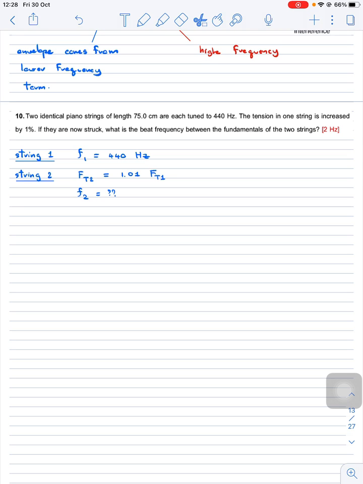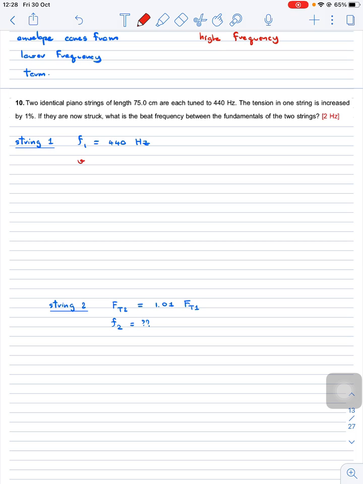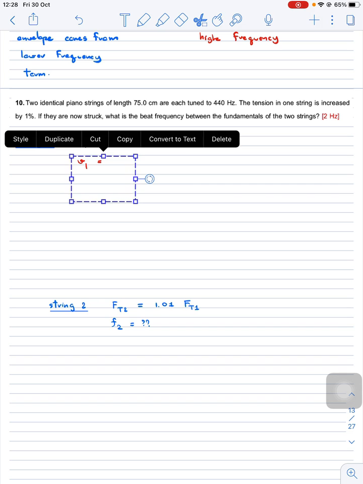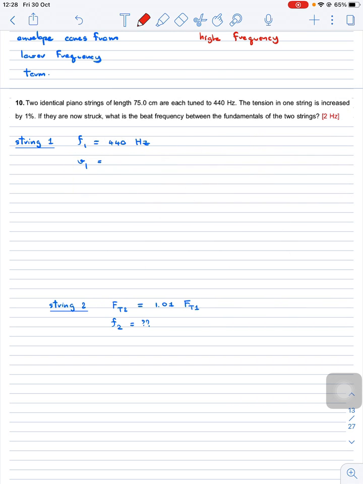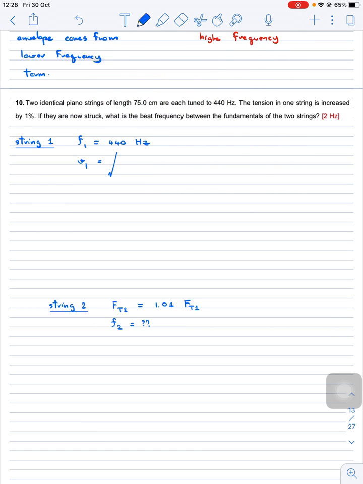So in this case, I'm going to write down the speed of the wave in terms of the tension and mu. For example, v1 is going to be equal to the square root of the tension of string 1, FT1, over mu.